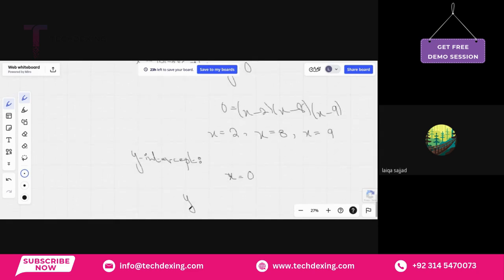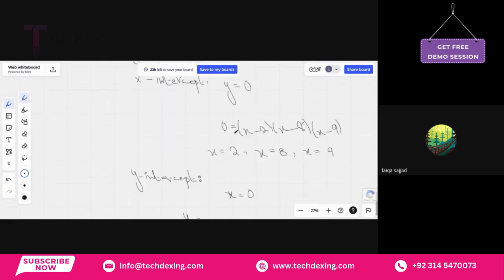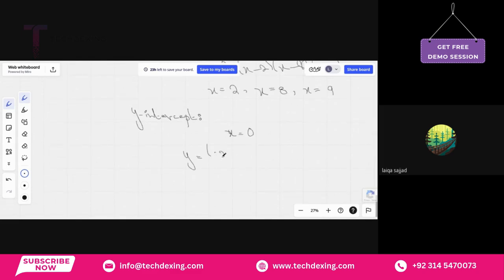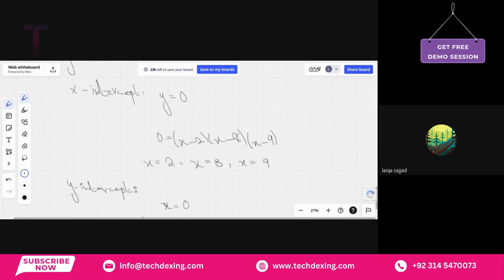So it would be simply minus 2, minus 8, and minus 9, and we will get 144. So whenever you are given any equation like this, you can consider these points when you start drawing the graph.